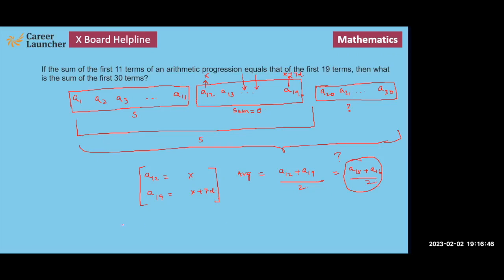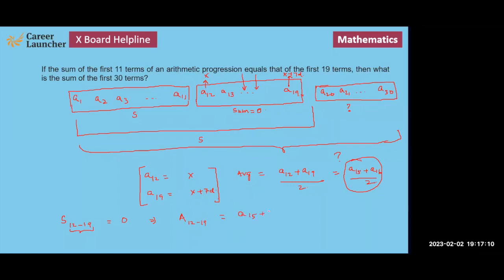Which implies, since if I call the summation from A12 to A19 equal to 0, we know the average is equal to 0, right?